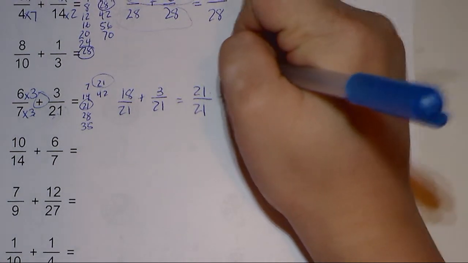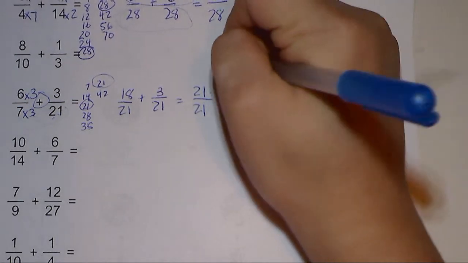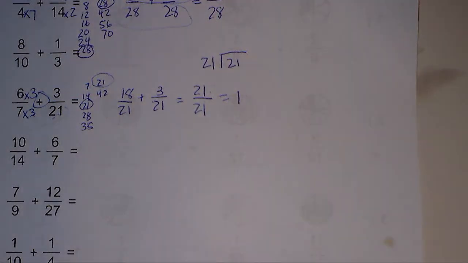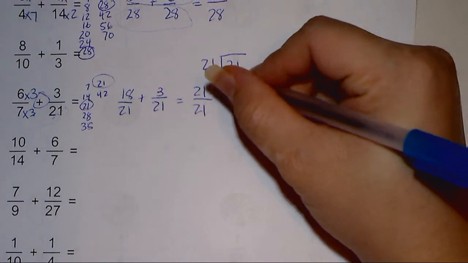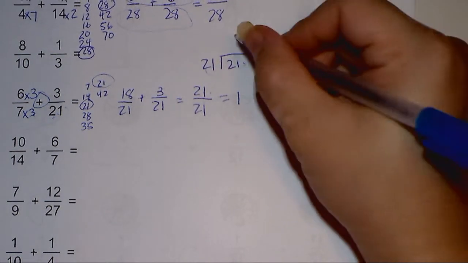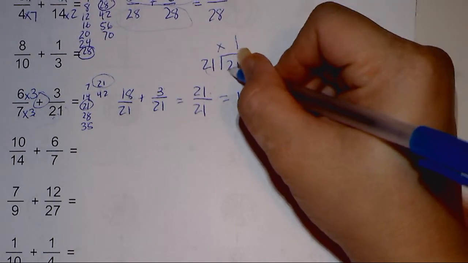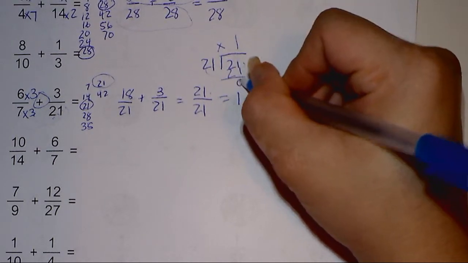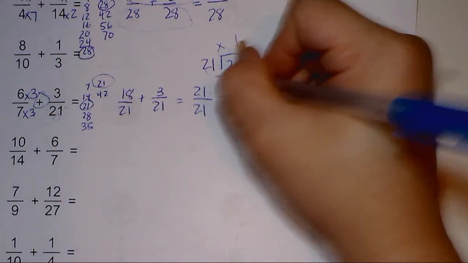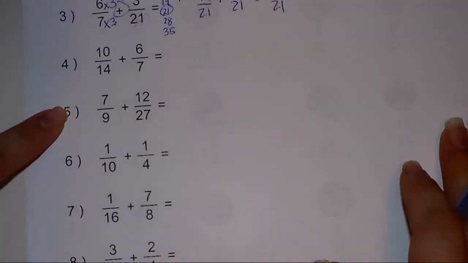So you may want to write it out, 21 divided by 21. How many times can 21 go into 21? Only one time. 1 times 21 is 21. No remainder.